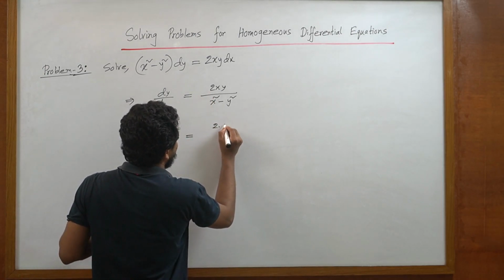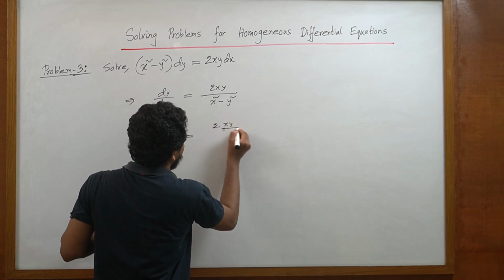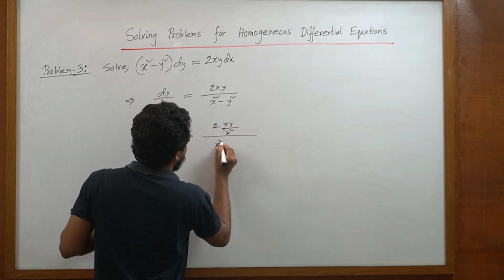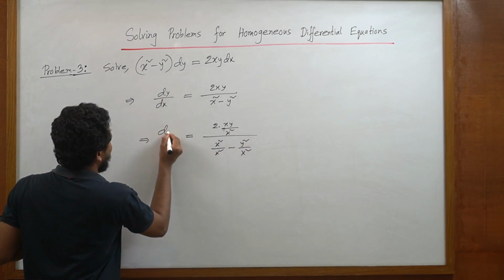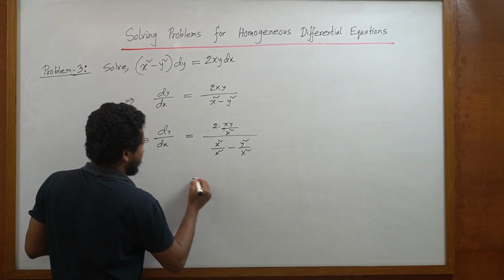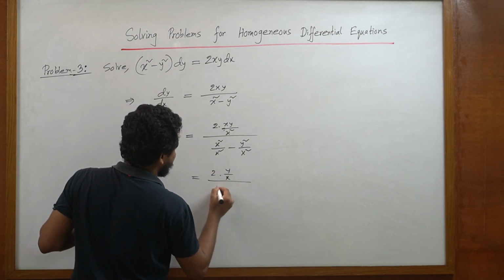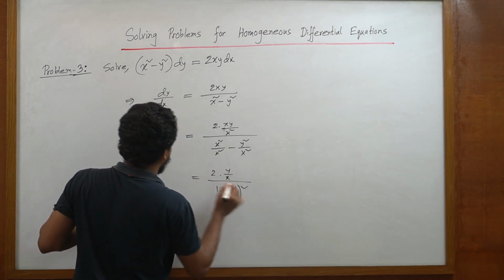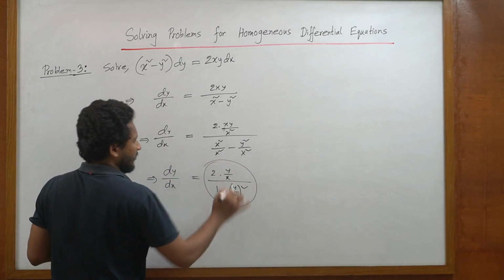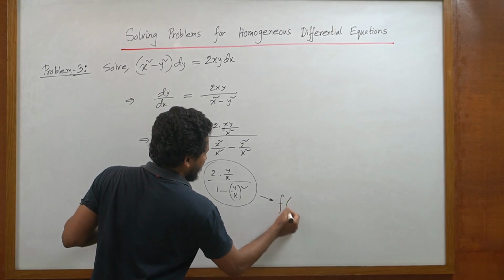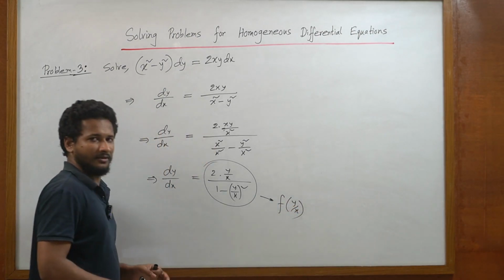So 2xy by x square over x square minus y square by x square. Now we get 2y by x over 1 minus y by x whole square. So this function is expressed as f of y by x.